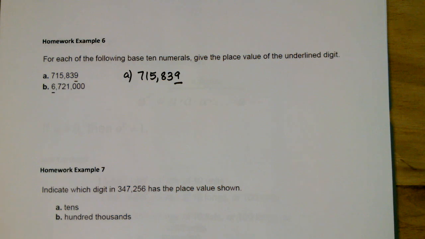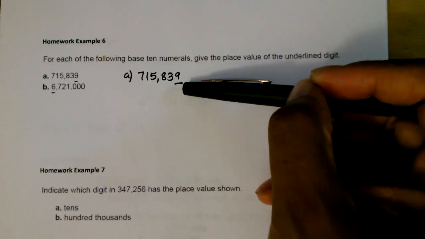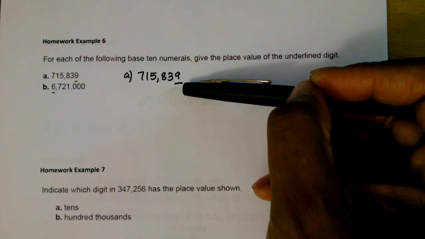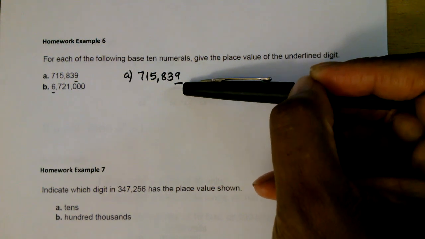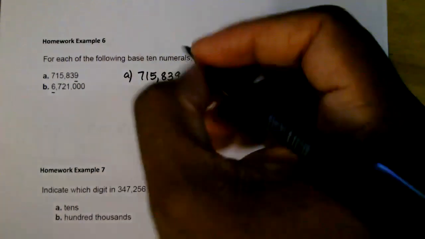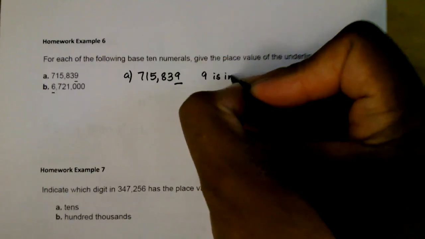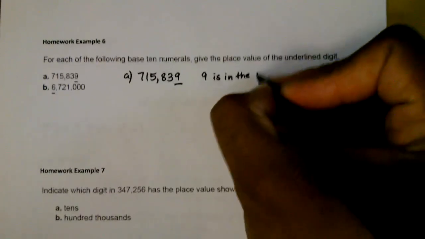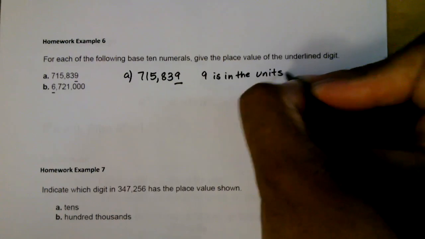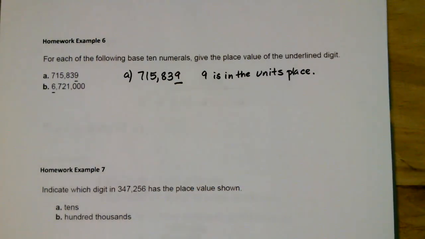In this case, the 9 is in the ones place or the units place. So the place value position for that would be the units place. Sometimes they call it the ones place for place value.